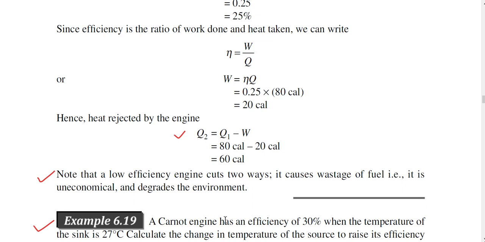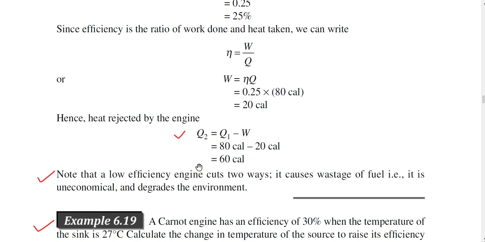So from this particular problem we can say, note that a low efficiency engine cuts two ways. If the efficiency of an engine is low, what will be the problem? The first thing is that it causes wastage of fuel, that is, you need more fuel to run this engine, and secondly it is uneconomical and degrades the environment.